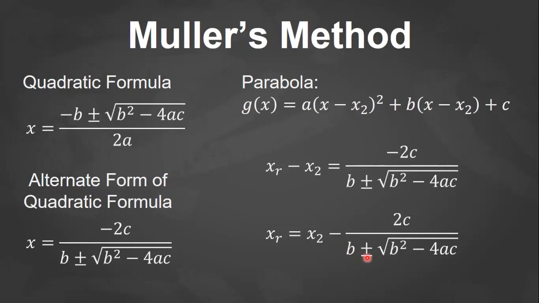And it's because this results in the largest denominator, which means ang x sub r nga makuha nato will be closer to x sub 2. And this also results in a function value nearer to 0. Okay, so mag-conform sa sign ni b ang pilion nato.